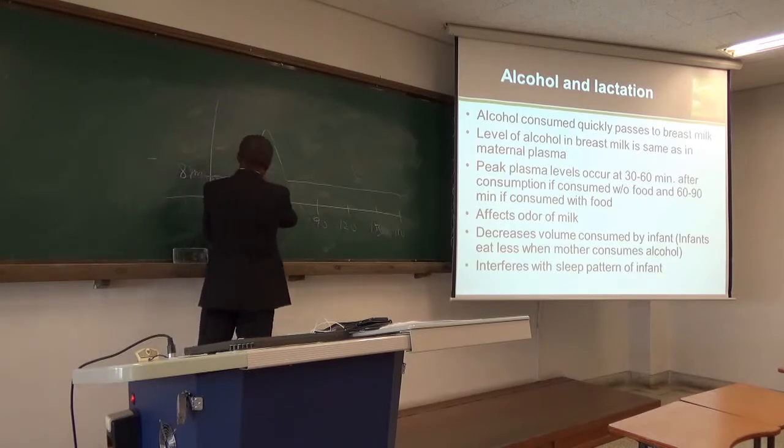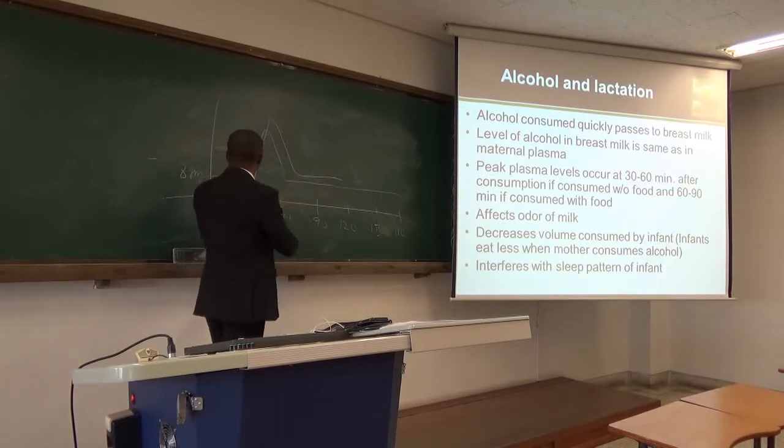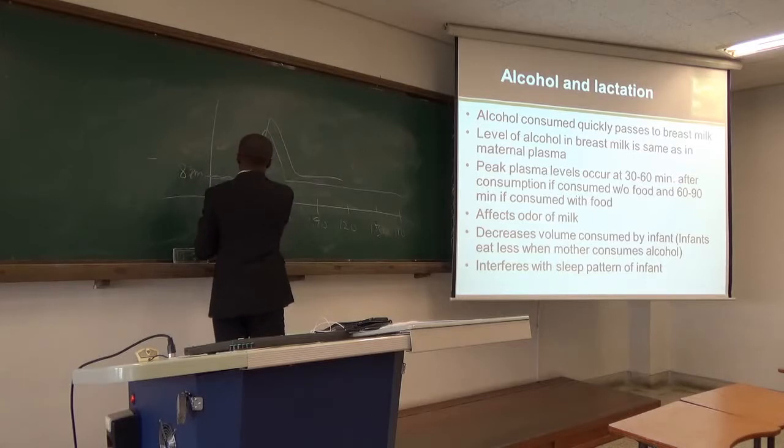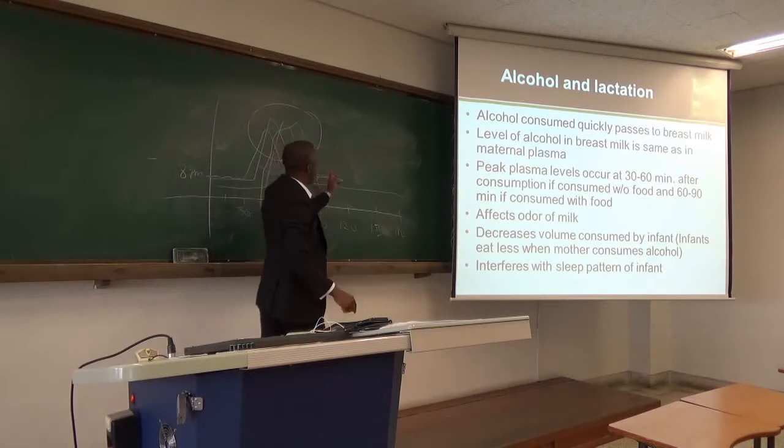So 30 minutes later, we have now another concentration here. Alright? So you take another one 30 minutes later, and then you take another one. So if you look at here, I'm not even here yet.